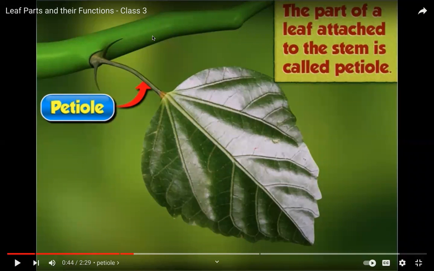Okay. Tuhin, now tell me, beta, what is a petiole? The petiole is the place where leaves and branches are attached. Very good. The part of a leaf that remains attached to the stem is called a petiole. Excellent. Now tell me what is the function of petiole? Tuhin, can you tell me the function of petiole?